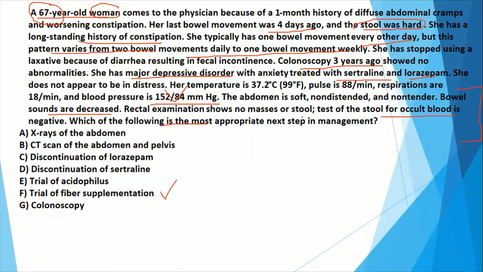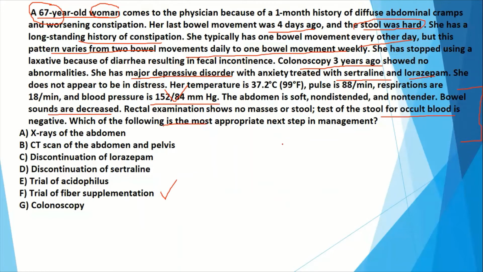But in this case, none of these red flags which I've mentioned is present. So you don't need to investigate thoroughly or extensively. And all these features present in this clinical vignette are suggestive of IBS as the likely cause.